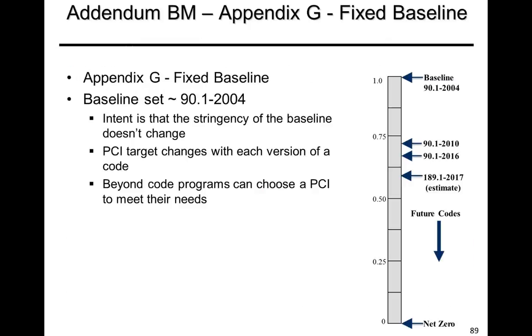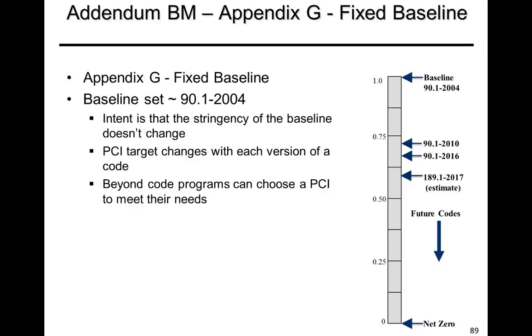The second change with Appendix G in 2016 is that the baseline is now fixed. It's set at approximately the stringency of the 2004 version of standard 90.1. The intent is that the stringency of that baseline will not change with each new version of the code. Instead, the performance cost index target becomes more stringent.